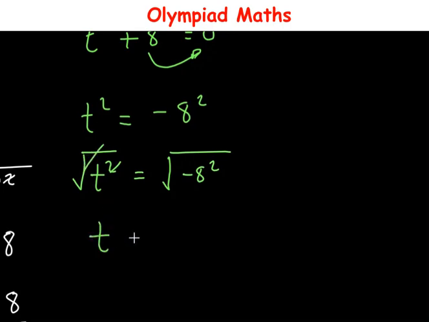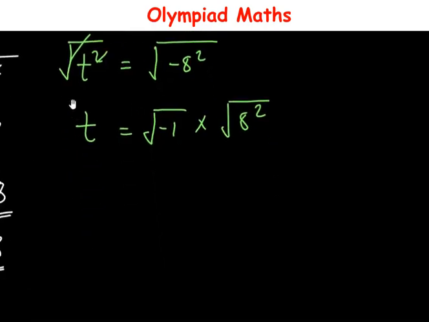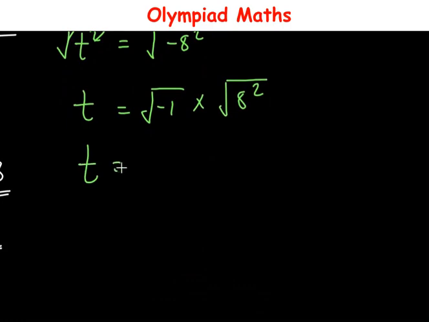We have t is equal to, now we can write root of minus 8 squared as root of minus 1 times root of 8 squared, such that with this, the value of t is equal to, root of minus 1 is equal to i, times, square cancels square root, we have plus or minus 8.